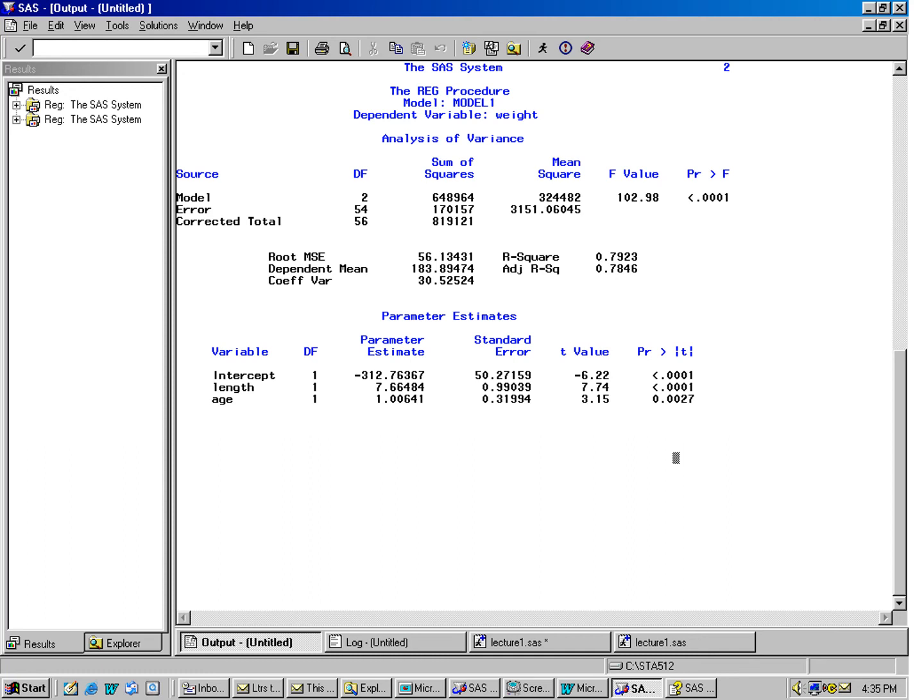We could actually build our prediction equation by looking at the parameter estimates, right? So the prediction equation is going to be y hat equals negative 312.76 plus 7.66 times length plus 1.00641 times age.